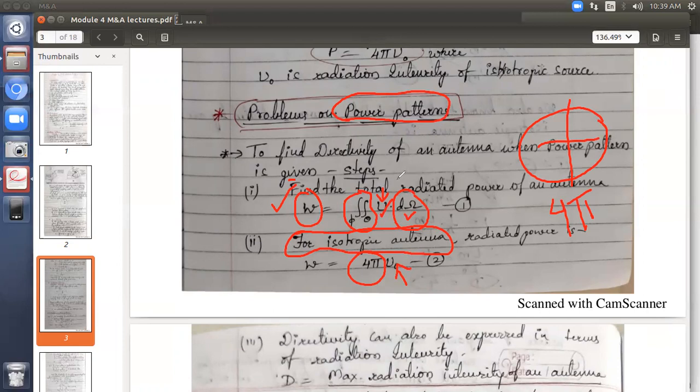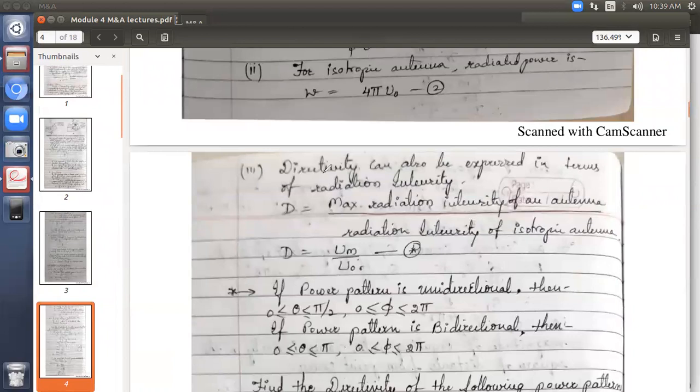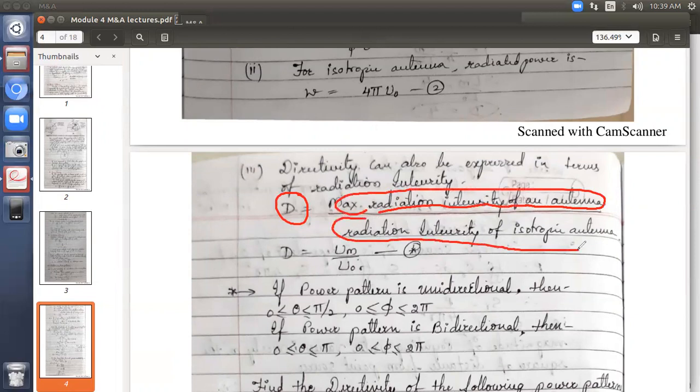Once you take these two steps, finally the third step is the directivity D, which is given by the maximum radiation intensity of an antenna divided by the radiation intensity of an isotropic antenna. Whenever we try to check the performance or the efficiency of any system, we check it with respect to a certain standard.